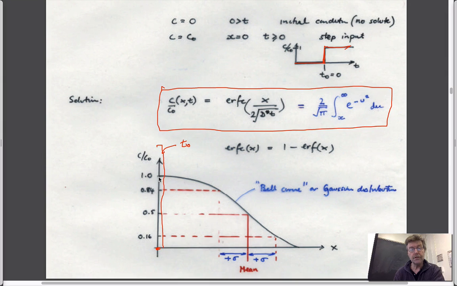Then the distribution of this ink as you go out from the center of this beaker is this curve here. And this curve is given by this equation, the complementary error function. You don't need to know how to figure it on a calculator. We've used it in assignments and tests given as a standard result. But it basically says that the behavior of this concentration profile will always look like this.